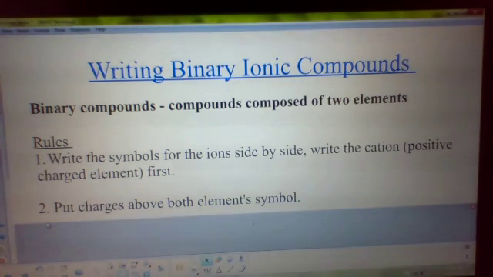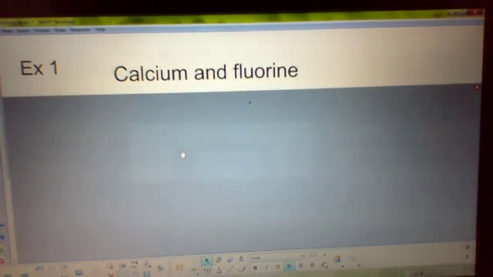So let's go and do an example. Skip a couple lines in your paper, and let's do the following example. This is example 1. We're taking calcium and combining that with fluorine.